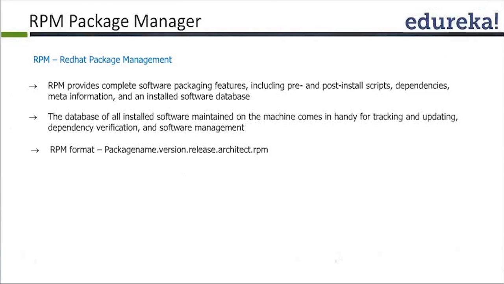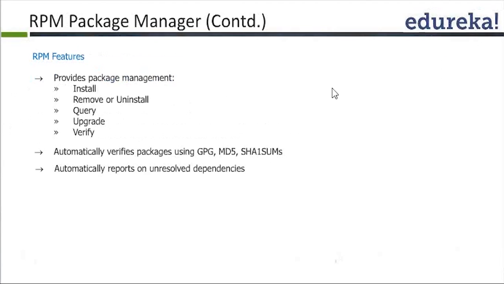So this is in general about Red Hat Package Manager. These are the basic options that we'll be making use of: how to install a package, how to query whether a package is installed or not, or if you are upgrading to a next level, how do you do that. And verification, all this.